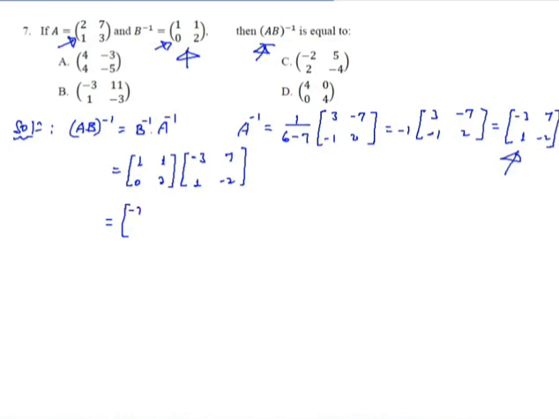So minus 3 plus 1 is the first entry in the first row, then 7 minus 2 is the next entry in the first row. Then 0 plus 2, and lastly 0 minus 4. So (AB) inverse is the same as minus 2, 5, 2, minus 4. This will be (AB) inverse, so the answer for this problem will be C.